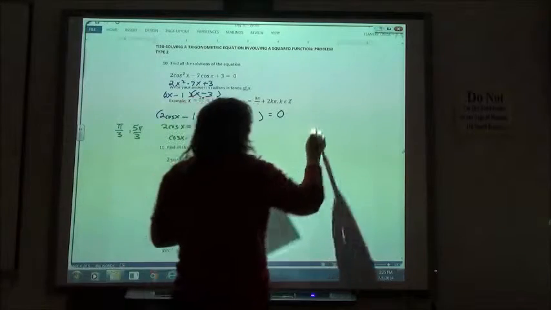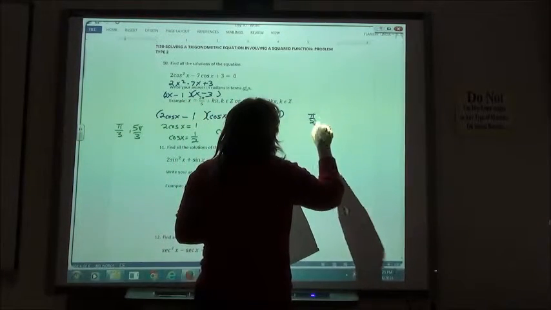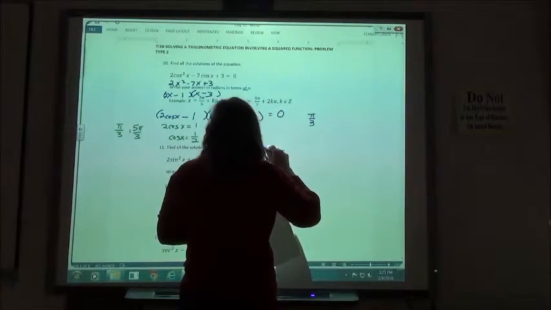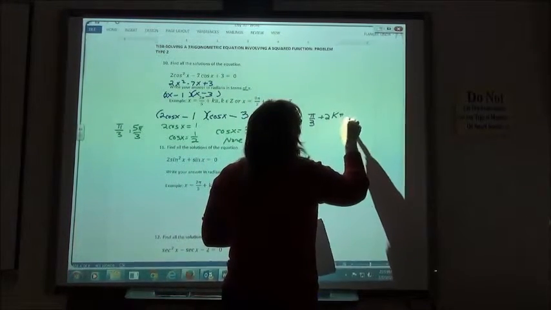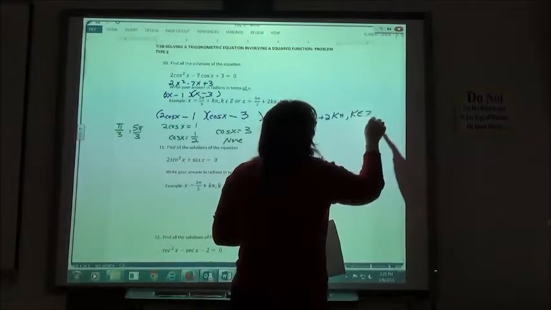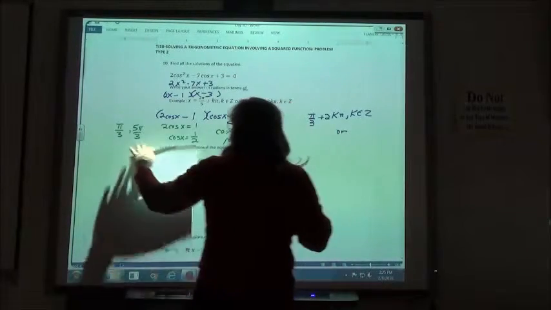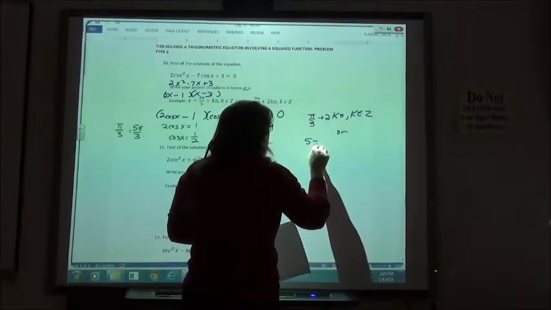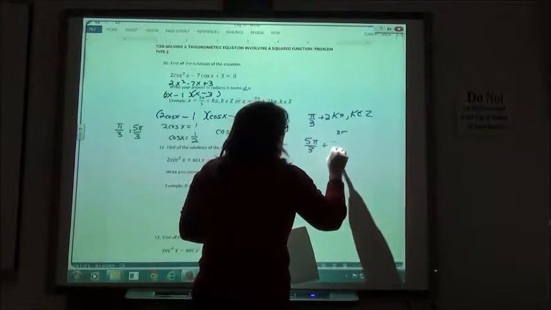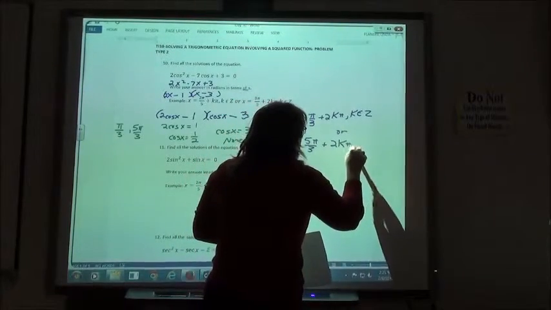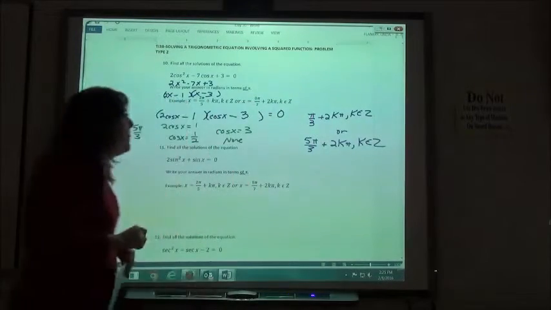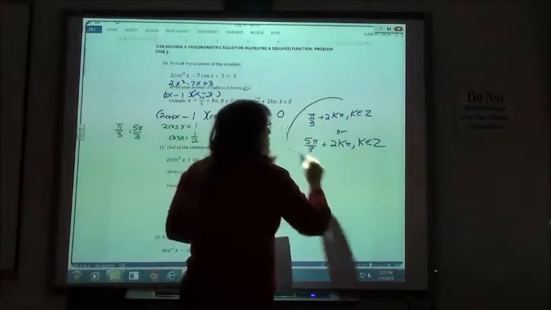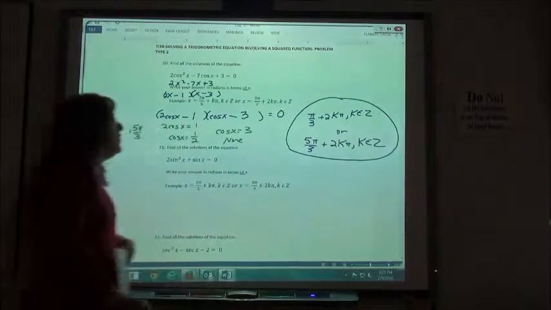I'm going to either have pi over 3, and since my period of cosine is 2 pi, I'm going to have the 2k pi with k being an element of z, or I'm going to have my other answer, 5 pi over 3 with 2k pi and k being an element of z. So both of those will go in for your solution.